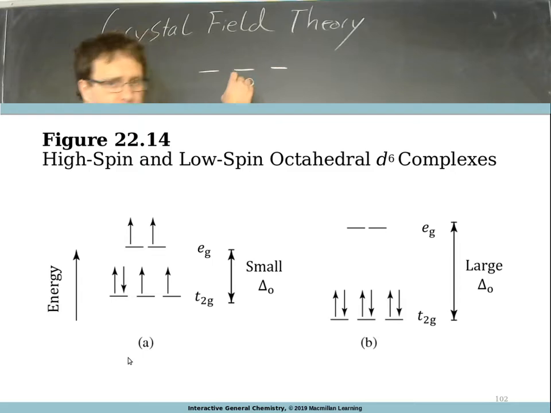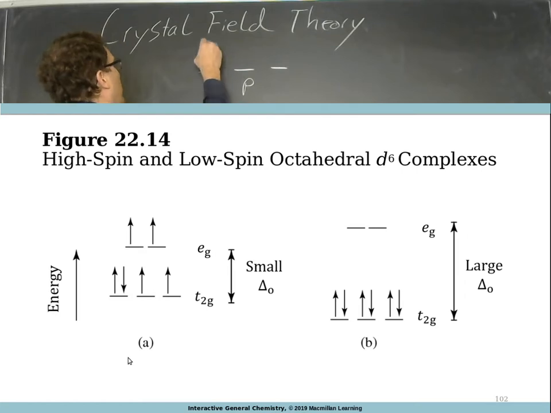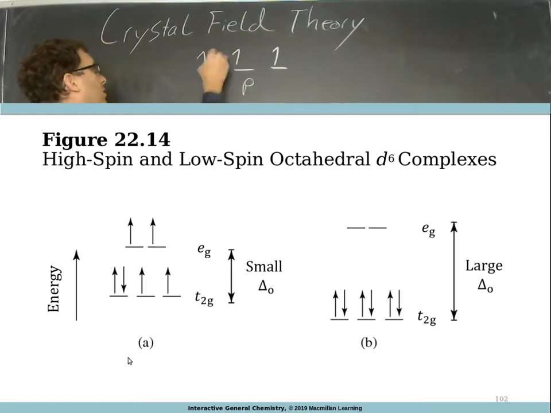Hold on, let me make sure that's not covered up, okay? And let's say this is like the 2p subshell for an oxygen atom. And so there are going to be 4 electrons in that oxygen atom. We're going to first go up, up, up, and then we'll go down.